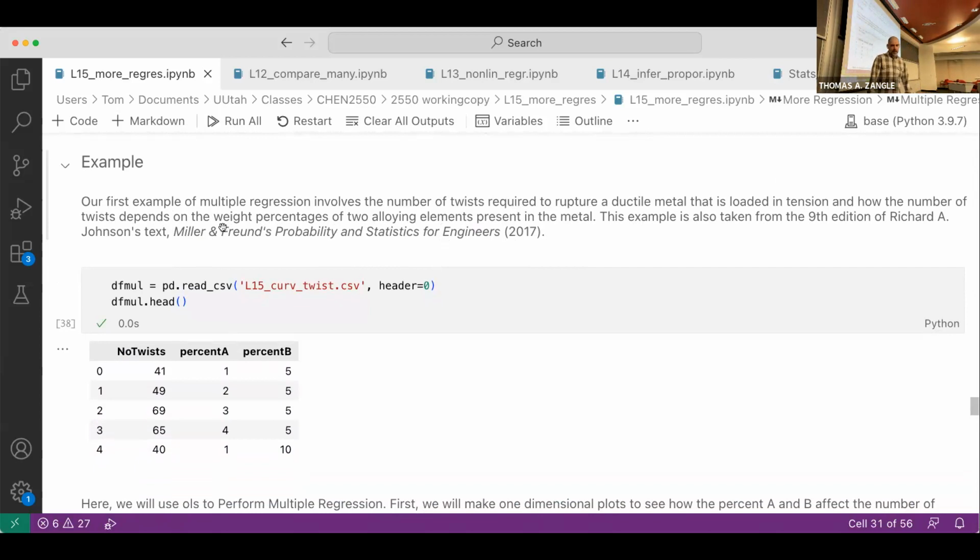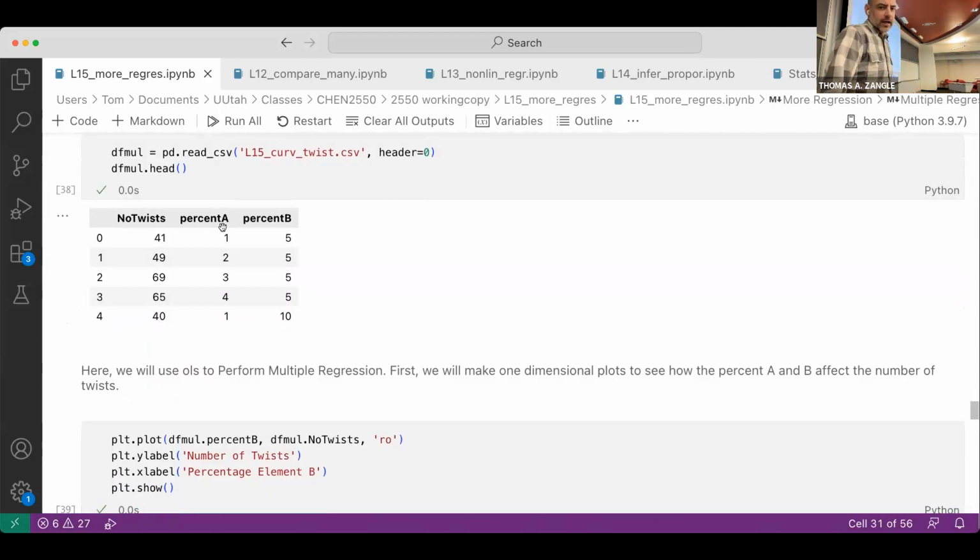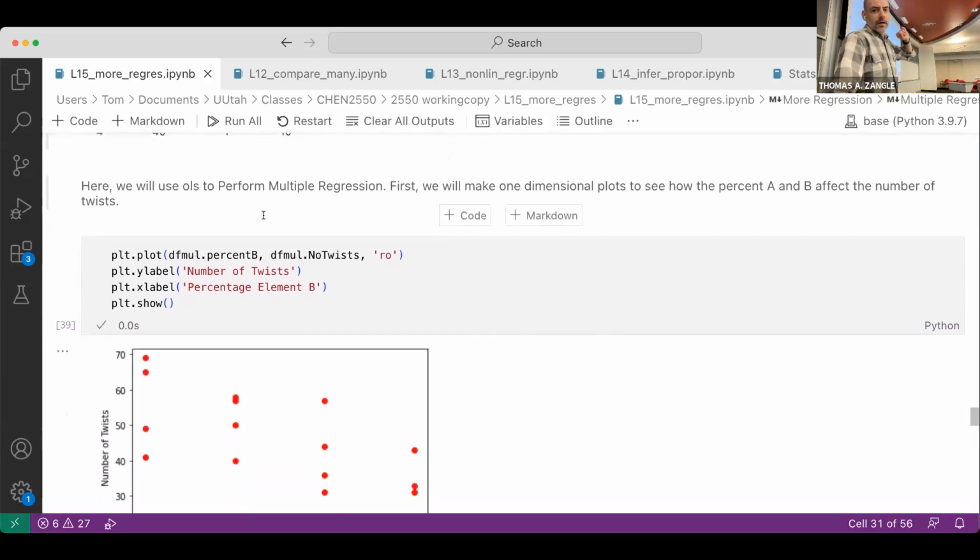So we have some data here that's looking at the number of twists, the percentage of our different materials that are in our alloy, right? So we have this multivariate data set, and we're going to be using multiple regression to try to understand something about what we see within this data set.